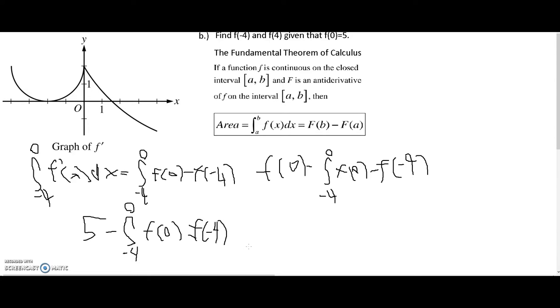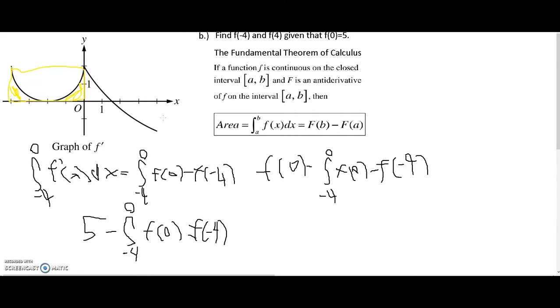To calculate this definite integral, we're going to solve it geometrically. So to do that, we need to calculate the area under this semicircle. All we have to do is take the area of this rectangle minus the area of this semicircle.